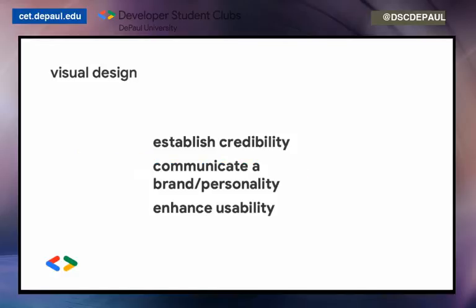All right. So why do we need visual design, or why is visual design really important? In order to establish credibility, in order to communicate your brand and personality, and also to enhance your usability. These are the three primary needs for why the visual design of an application has to be good, in order to communicate the need of your application in the right way.